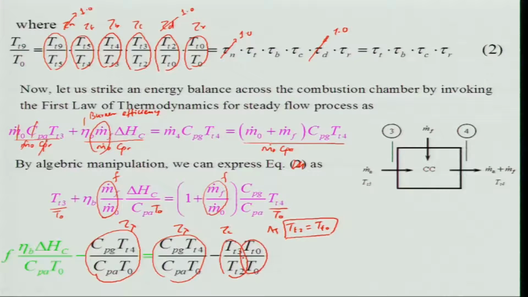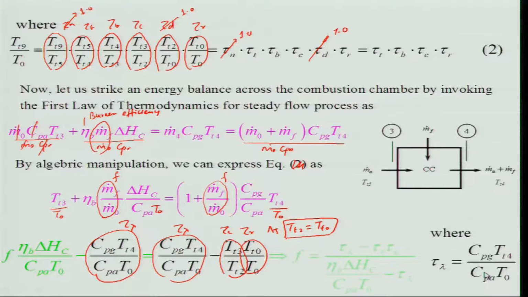Tau c, and this is your tau r, yes or no. As I told you, tau lambda is C p g T T 4 divided by C p a T naught. So I can get an expression f equal to tau lambda minus tau r tau c, divided by eta b delta S c by C p a T naught minus tau lambda.